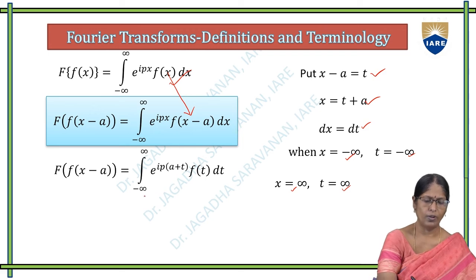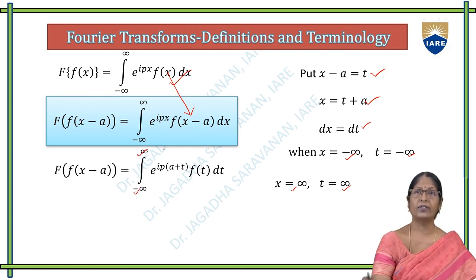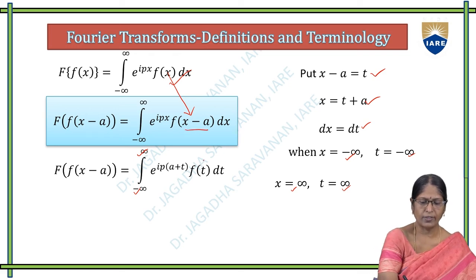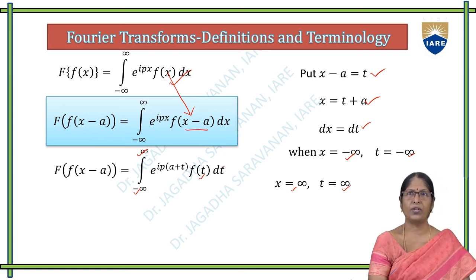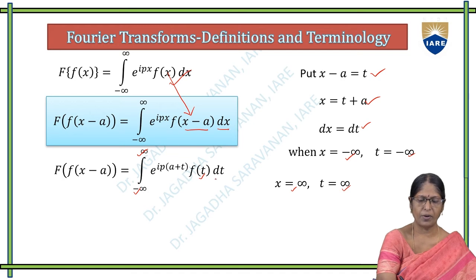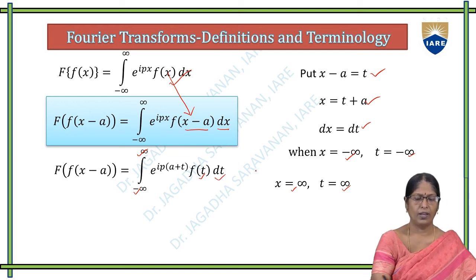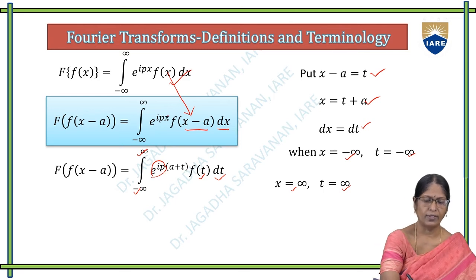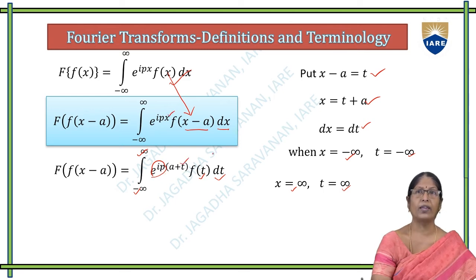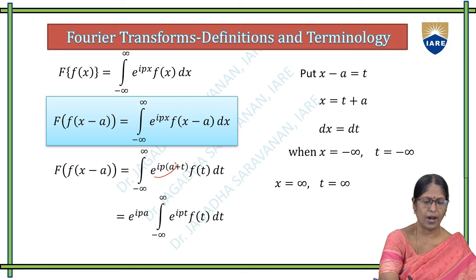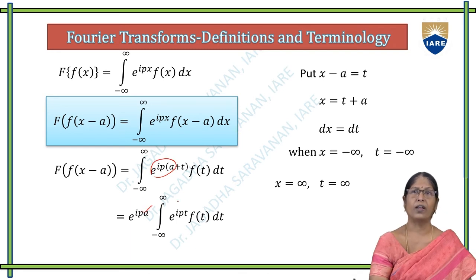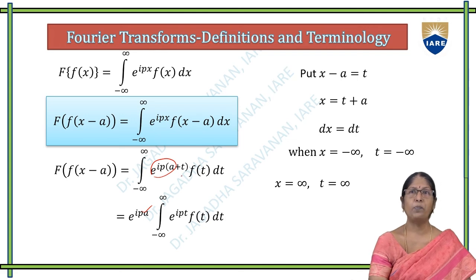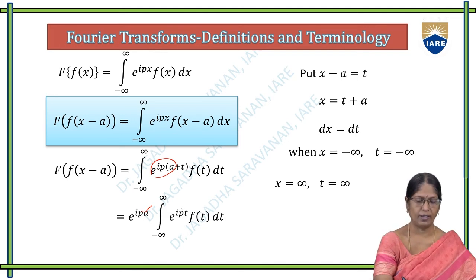So now this retains as it is. The x minus a is replaced by t, dx is replaced by dt, e power ip is as it is, whereas x is replaced by a plus t. This part we write outside, and the remaining is e power ipt.